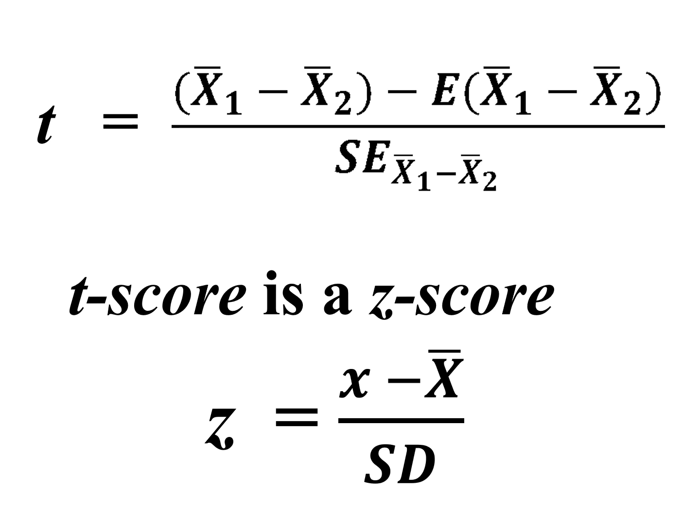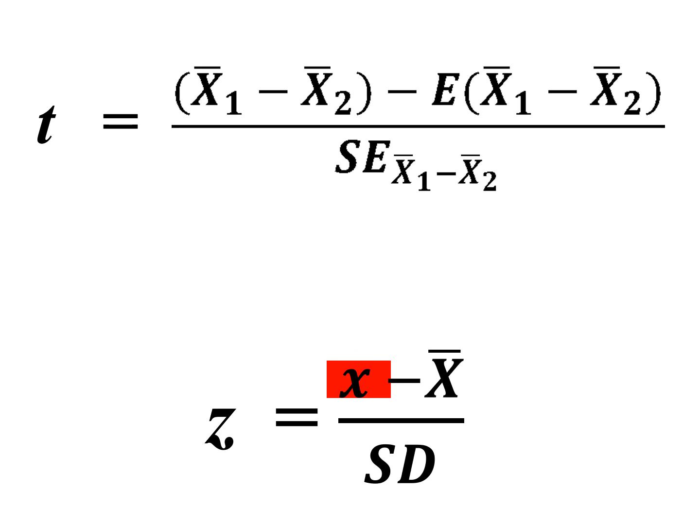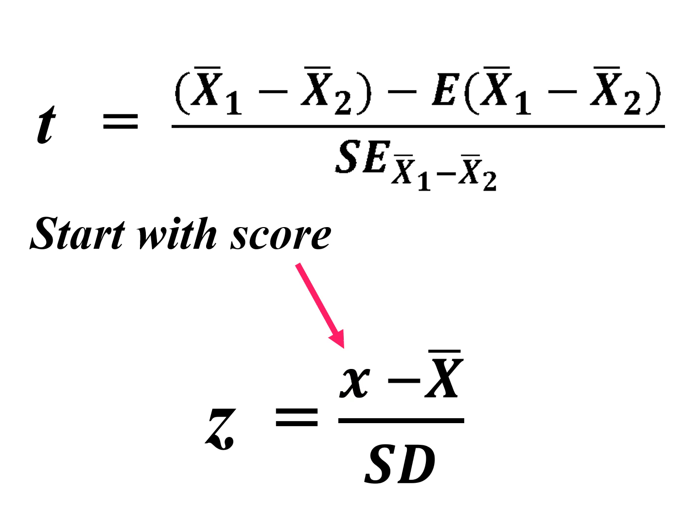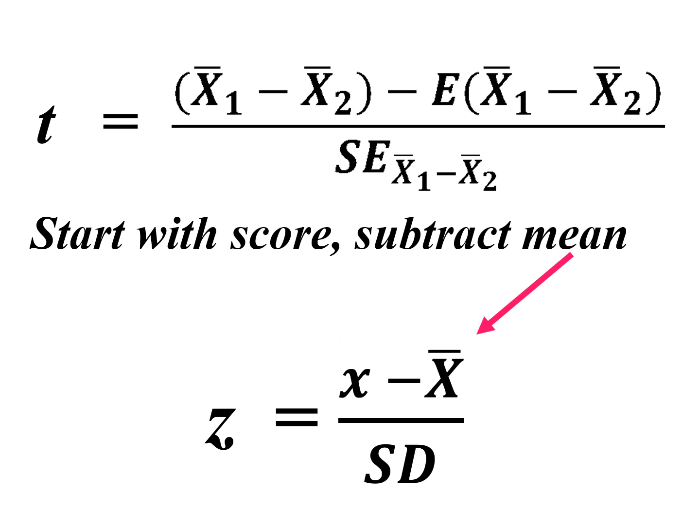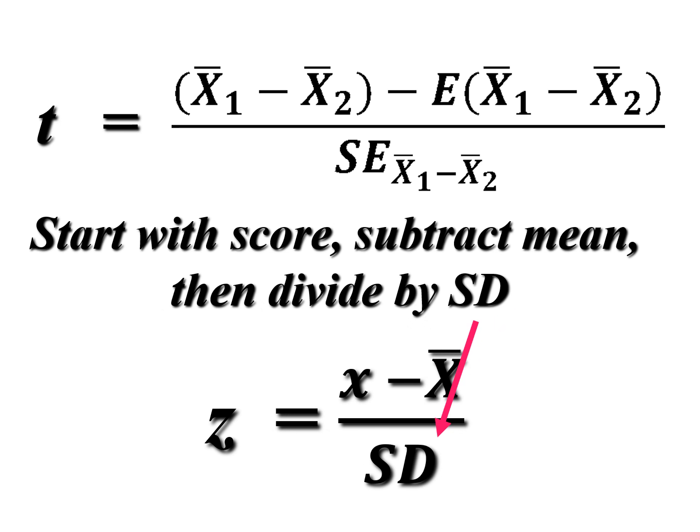And here is the formula for the z-score. The little x in the numerator is the score of a particular individual. For z, you start with a score of one individual in a distribution of individuals. Then you subtract the mean. And then you divide by the standard deviation.